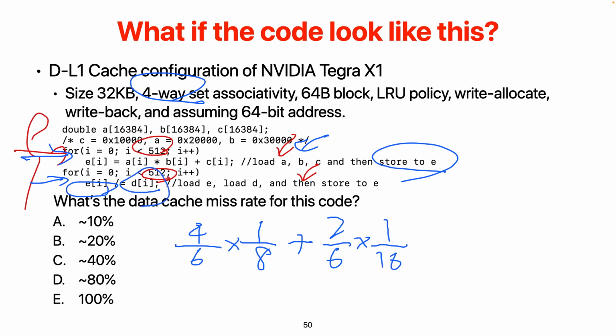And here, when I want to accommodate DI, I do want to kick out someone, but I will pick either A, B, C to kick out, but not E. So E will be a forever hit, right? So in this case, it's only 1/16. If you count this, it's roughly 10%, actually 10.4%. So that's why the answer would be A.